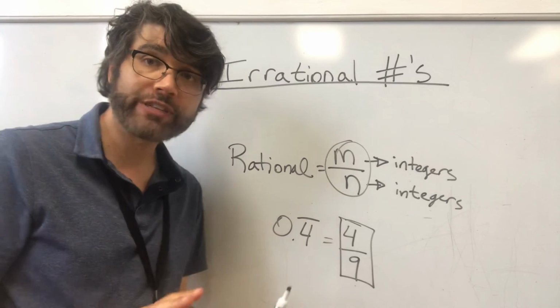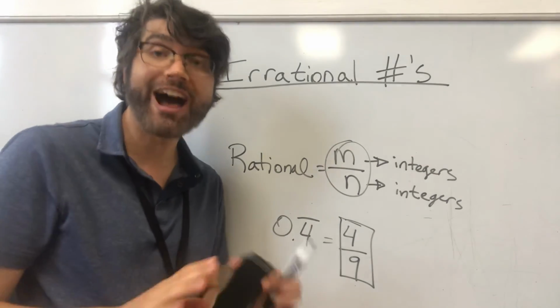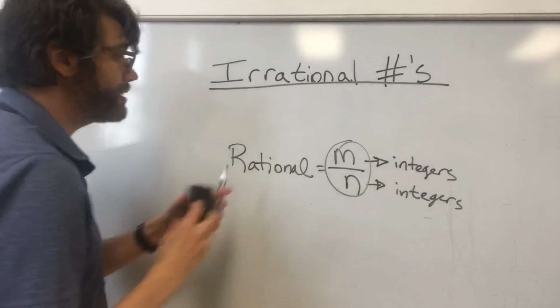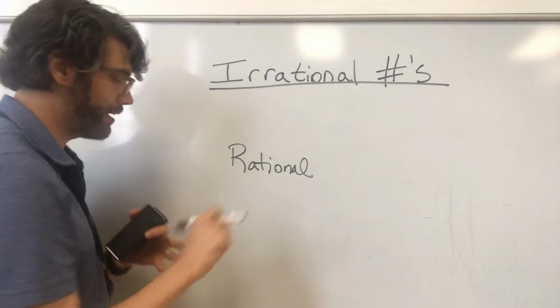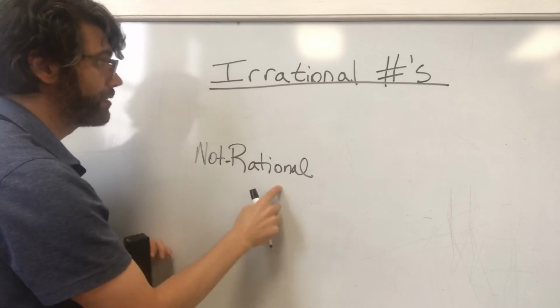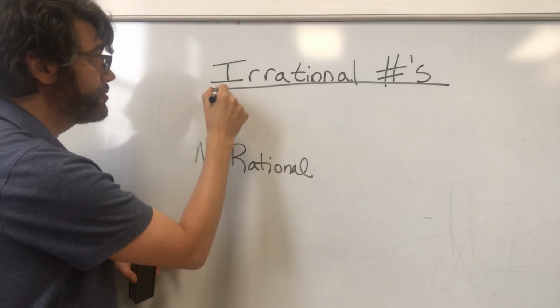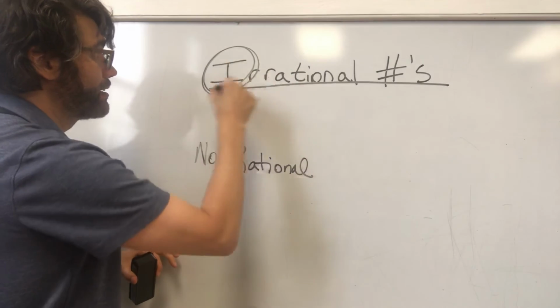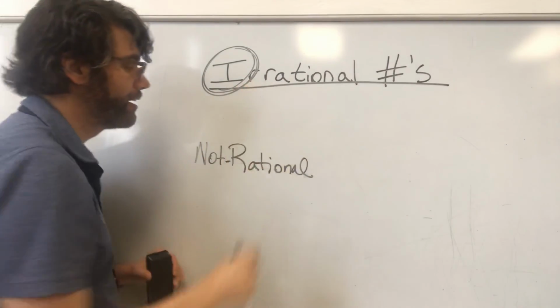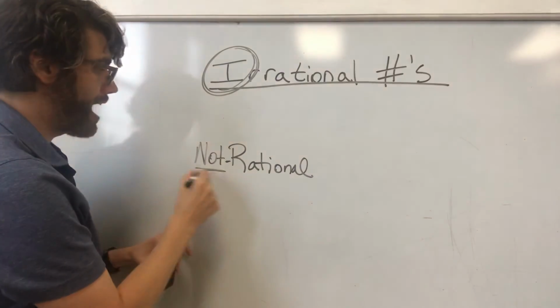Okay, now let's move into numbers that are not rational. If you want to say not something, the prefix that you can use is I or IR. That means not.